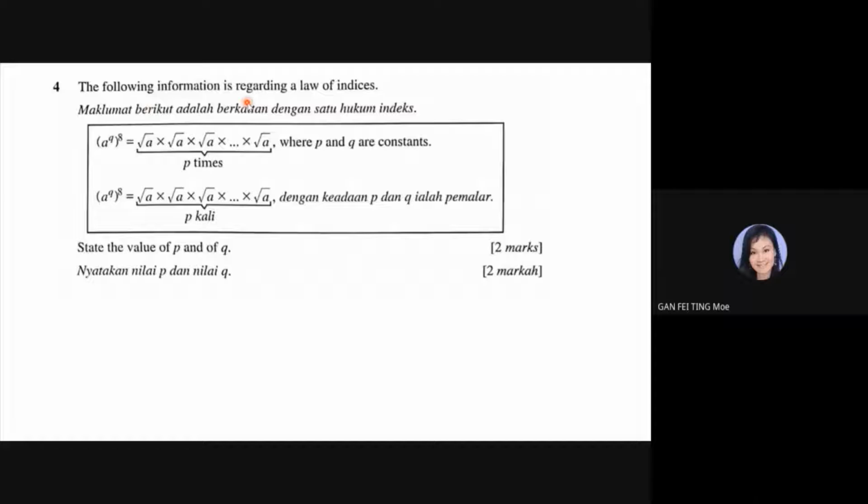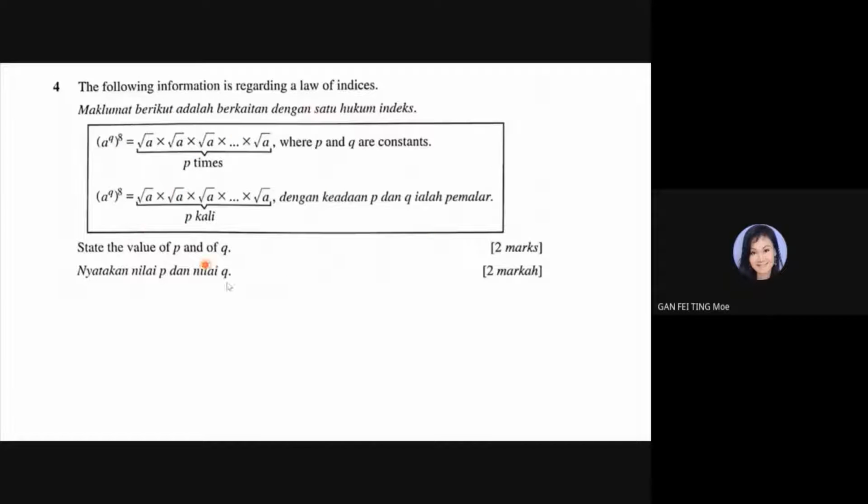The following information is regarding a law of indices. Okay, this question, frankly telling you, from my friend, I got to know that these are 2 marks, and state the value of P and Q. P is 1 mark, Q is 1 mark, that's all. But if you fail to answer this, you fail the 2 marks. And from my friends who marked Paper 1 last year, many candidates got this question wrong.